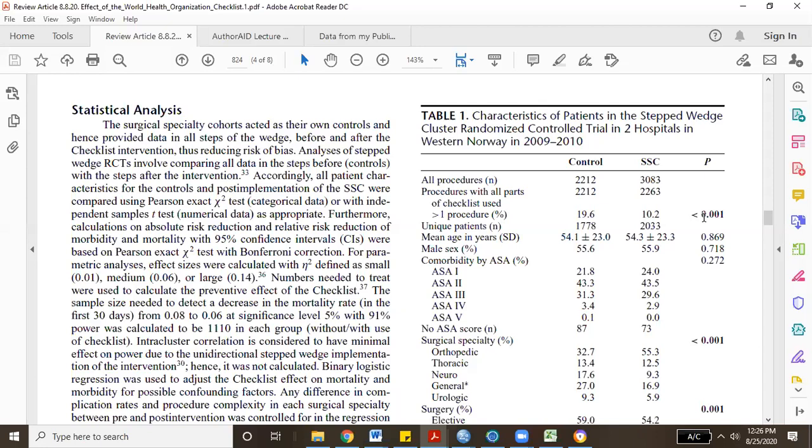Now, less than or equal to 0.05, like we all know, is the cutoff for a comparison or an association to be termed significant.